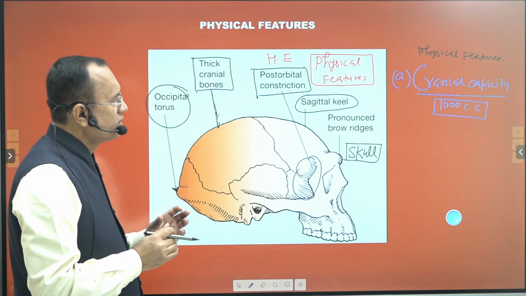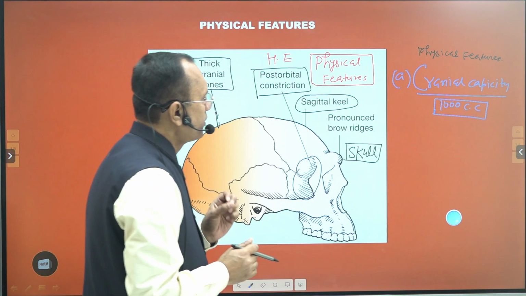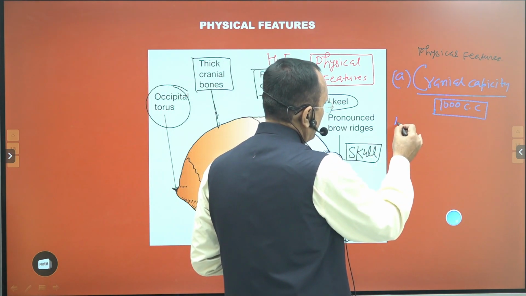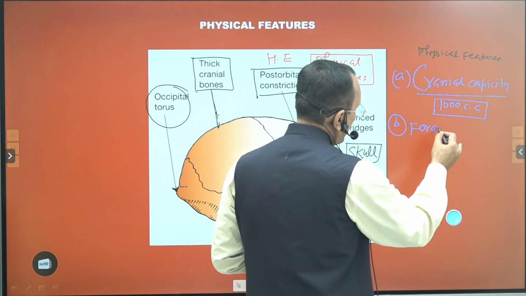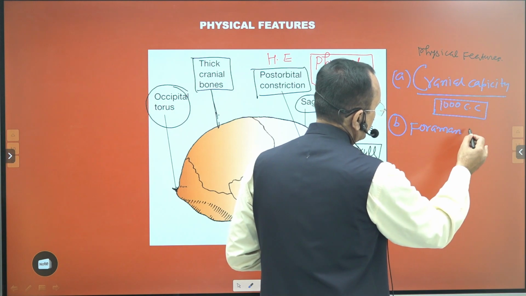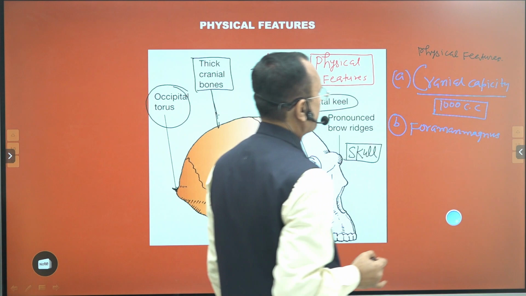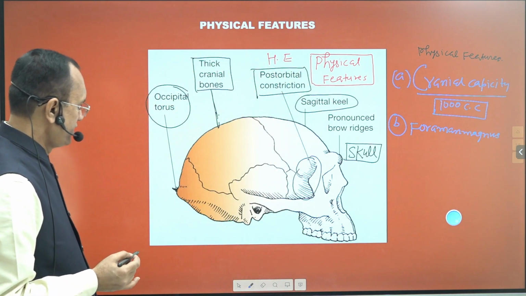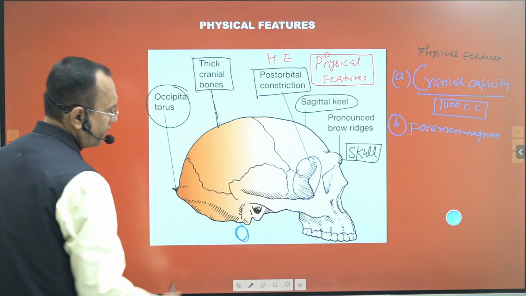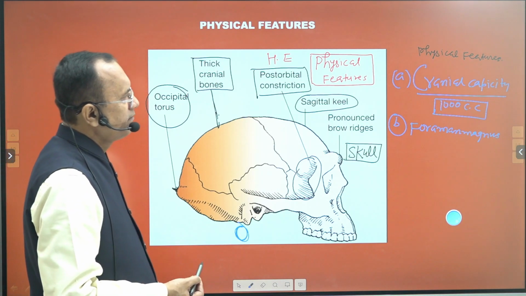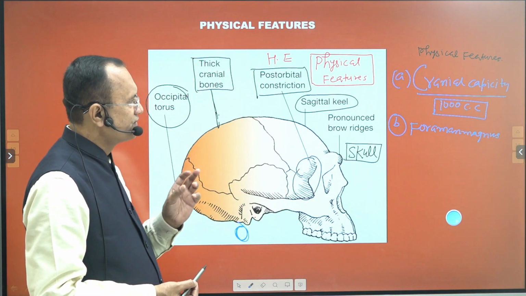Second important aspect related to its physical feature, you have to talk about the foramen magnum, right? This is very important for the understanding of fossils, and that foramen magnum is present on this side of a skull. So the foramen magnum of Homo erectus was relatively anterior than Homo habilis.